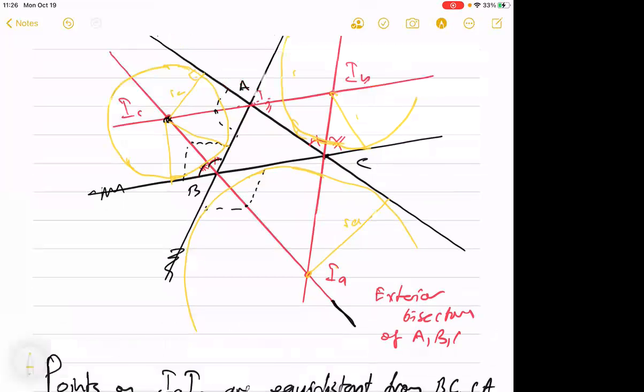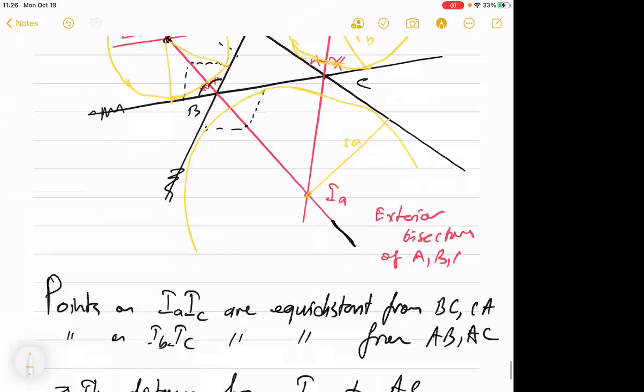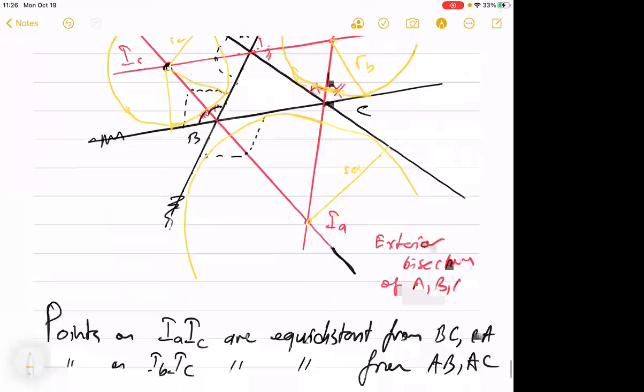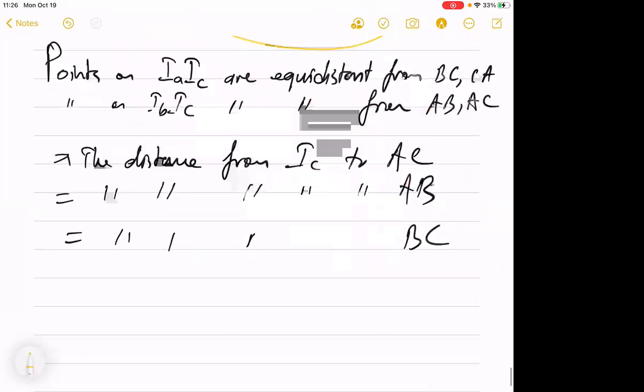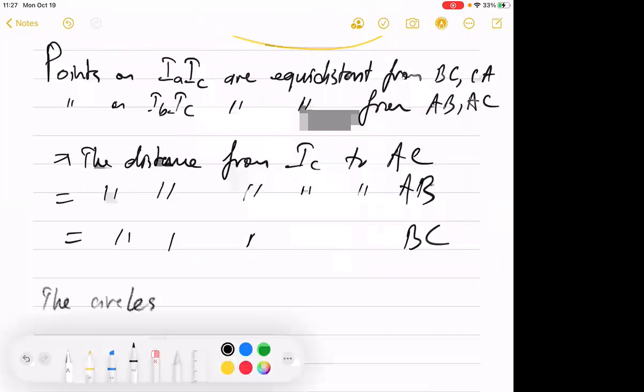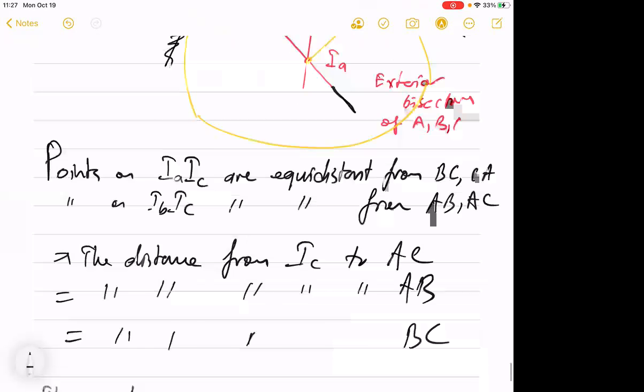Okay, this is the circle of radius RB. So these three circles are called X circles. Let me give some names.